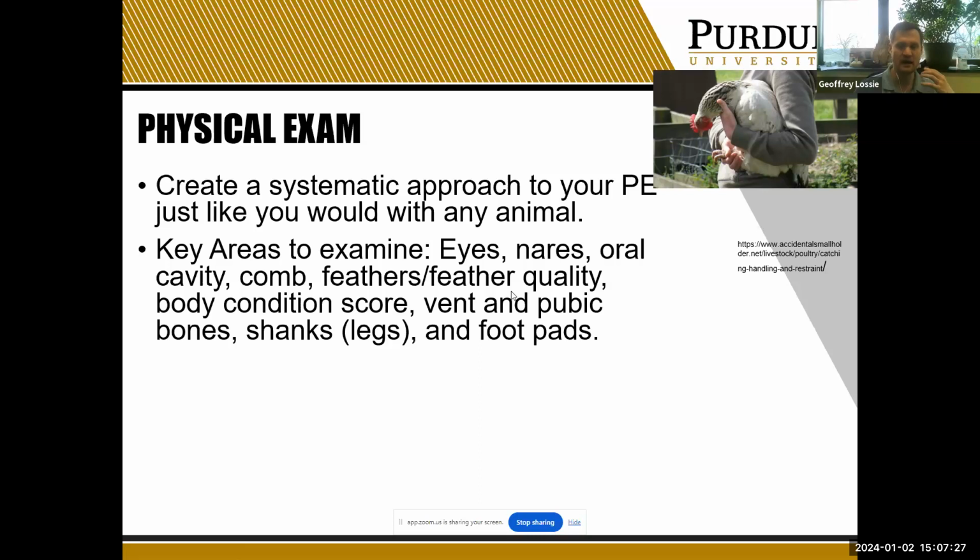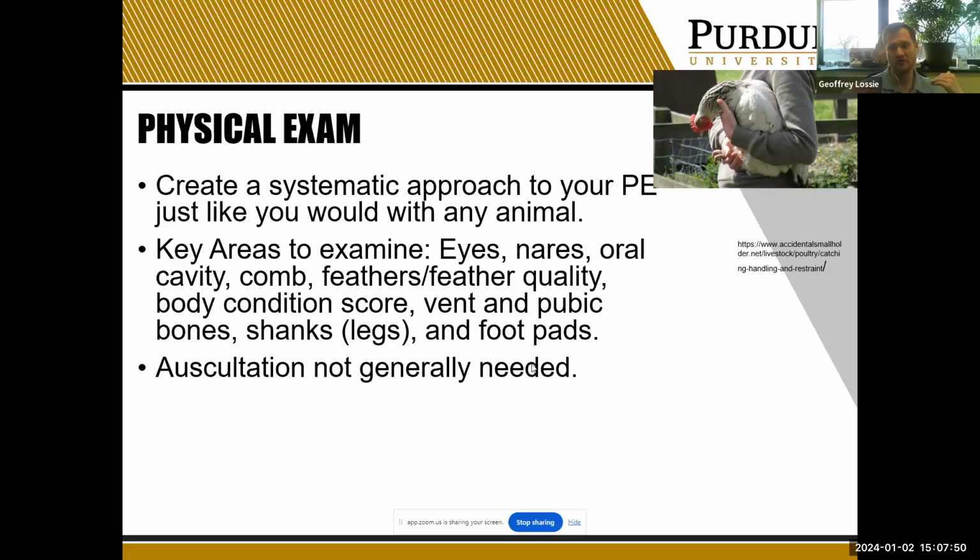We'll certainly be talking about the eyes, the nares, so the opening to the nostrils, or the nostrils themselves, the oral cavity, the comb. All these different parts are things that I look at during a physical exam.